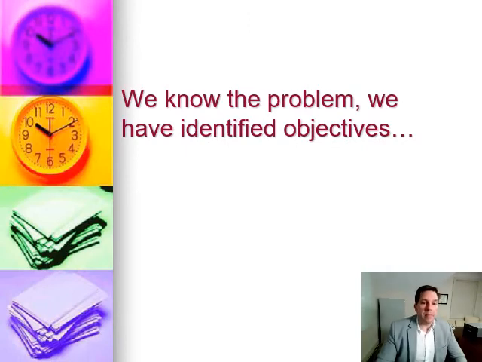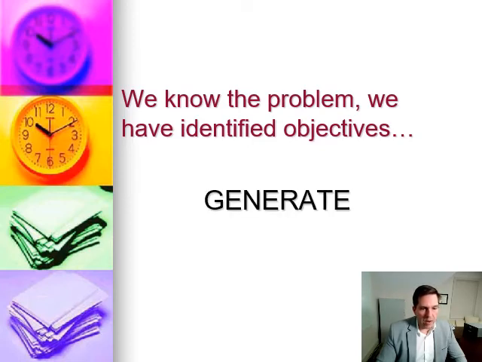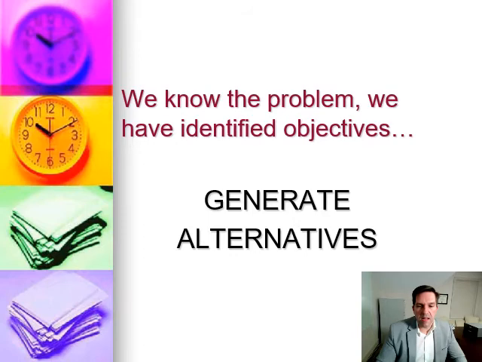Now, after we have the problem and we have some objectives that we're trying to achieve, now what? Well, now what you need to do is create at least 2 different actions or sets of actions to tackle that goal. Okay, so if you decide that you're trying to launch 5 new electric cars for General Motors in the next 5 years in the US market, the question now is how are you going to achieve that goal, right?